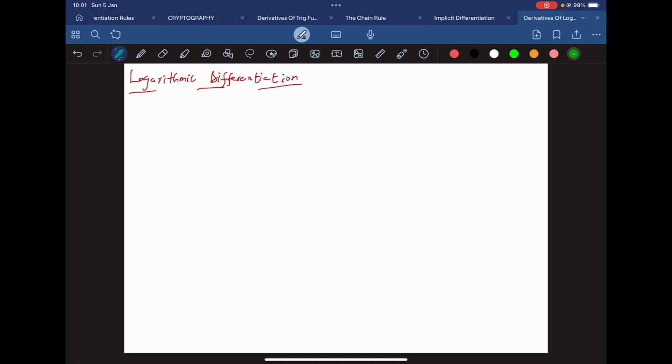So sometimes it's very difficult to differentiate a function, especially when you have cumbersome composites of functions, right? That is when we introduce logarithmic differentiation. Now, how do we even use it? Let's consider this.